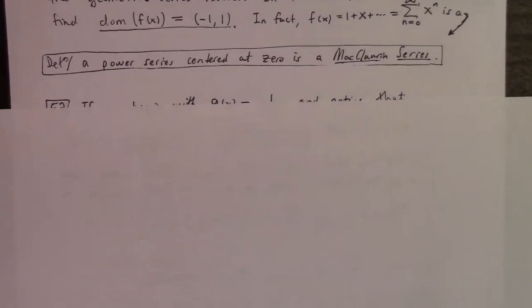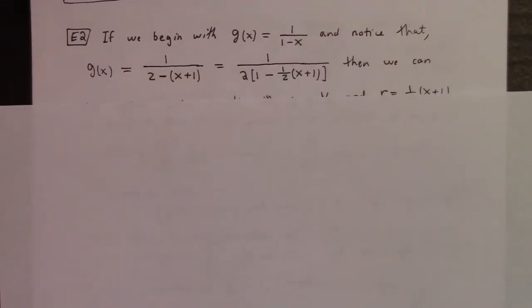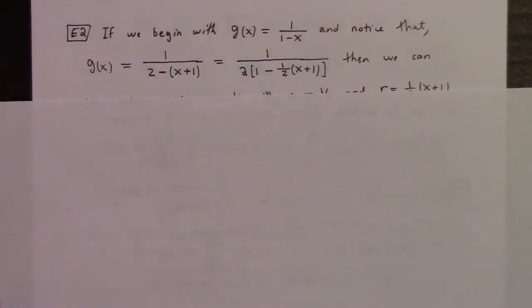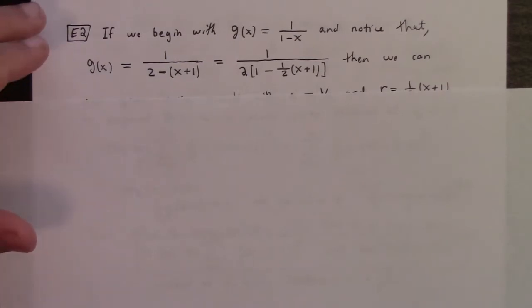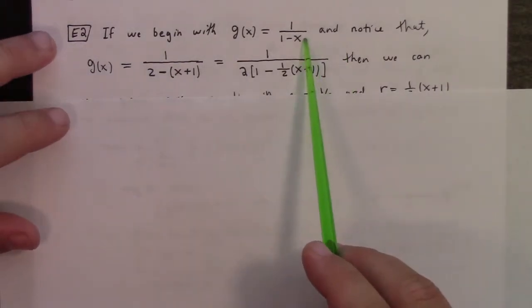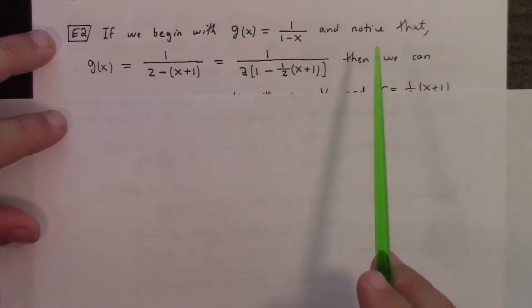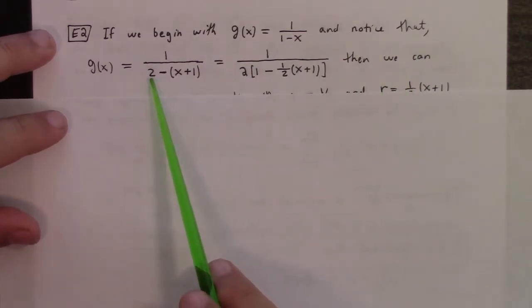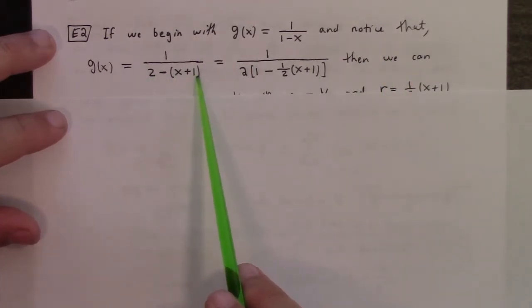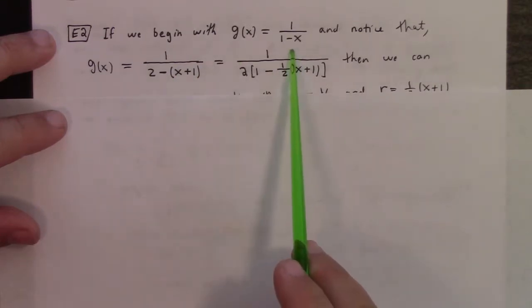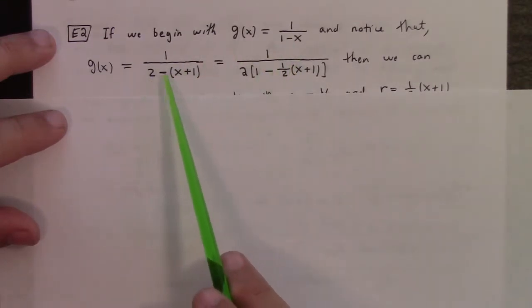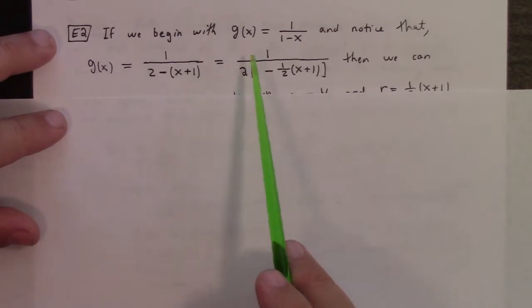So, to give another example, which is very much related to the first example, if we start with 1 over 1 minus x, and I do something kind of sneaky, I'm going to add 2 and subtract 1, because that's the same. If you work out 2 minus parentheses x plus 1, that's actually 1 minus x.